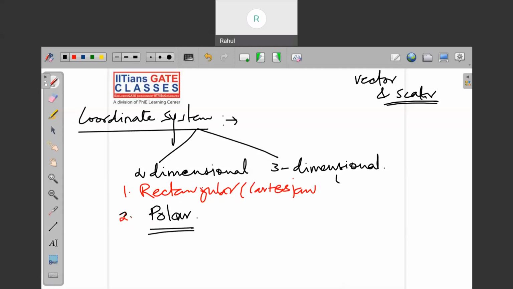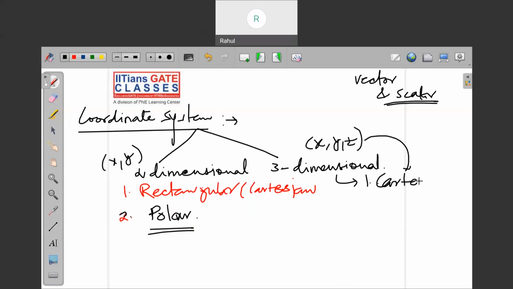And in three dimensions, we will talk about Cartesian first, or rectangular. Here in 2D the coordinates will be x and y, and here the coordinates will be x, y, z, three coordinates. But in case of Cartesian it is x, y, z, in case of cylindrical and in case of spherical, the parameters will be different.